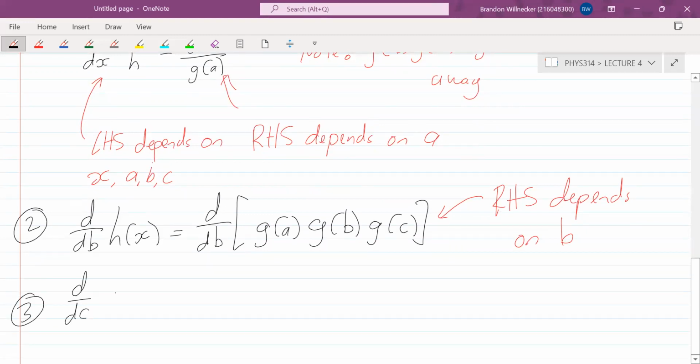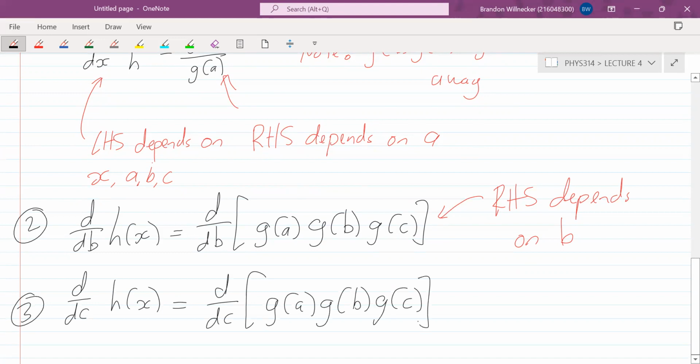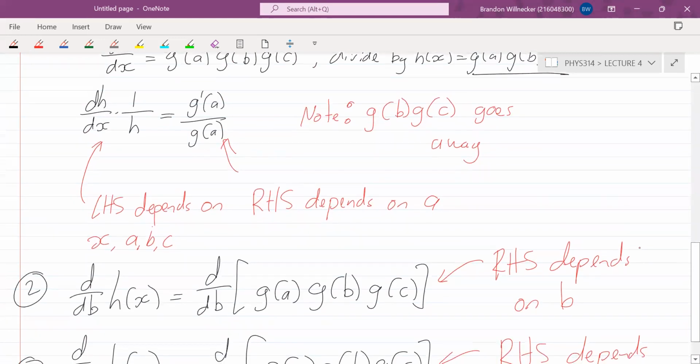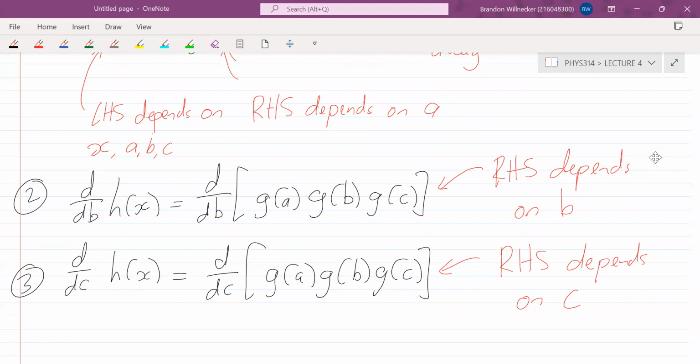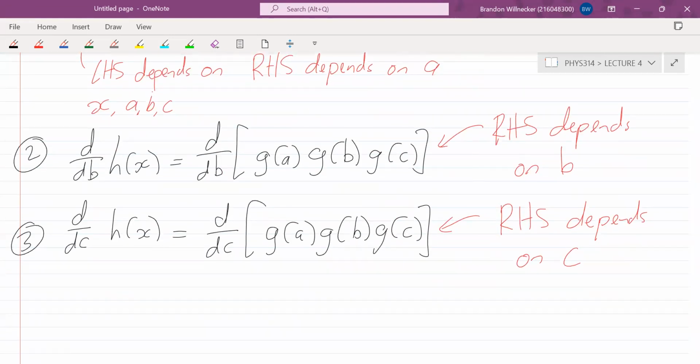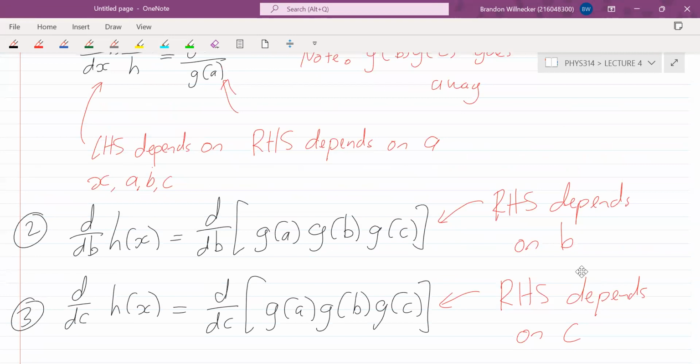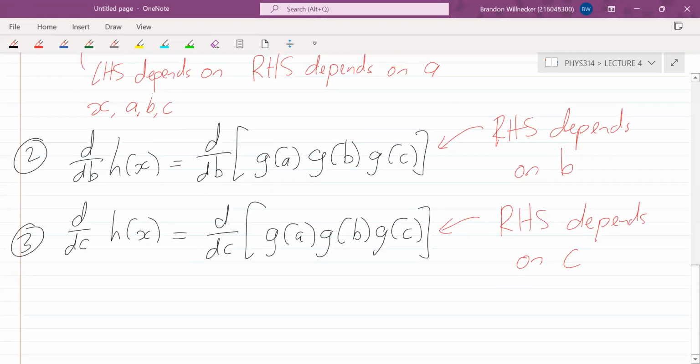So we can say d by dC of h of x equals d by dC of g of A, g of B, g of C. Exactly the same as before, but now the right-hand side depends on C. So in the first case, it only depended on A. In the second case, it only depended on B. And in the third case, it only depended on C. But notice how the left-hand side is exactly the same for all 3 cases.